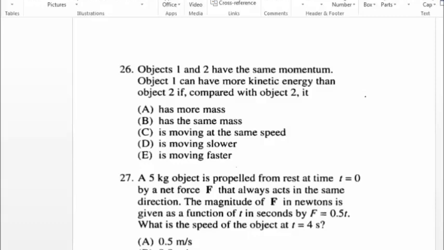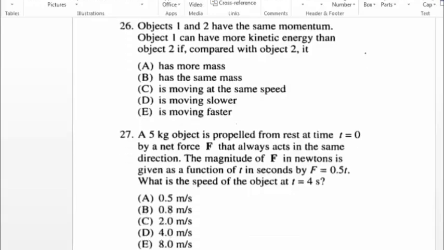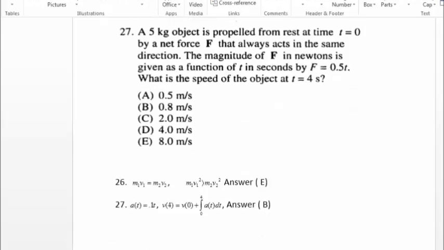So that is possible if v1 is greater than v2. That means if it is moving faster, then it will have more kinetic energy than object 2. Now the 26th answer is E.